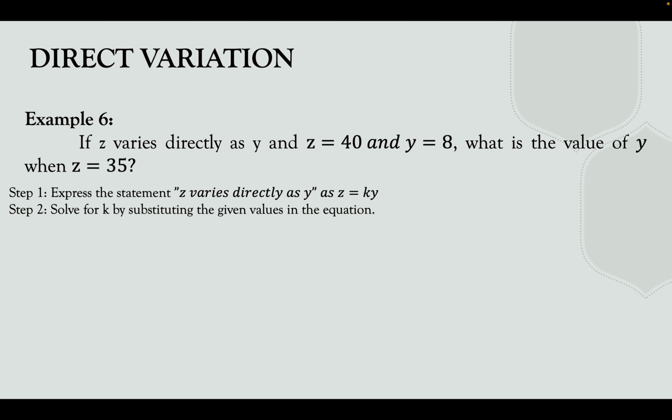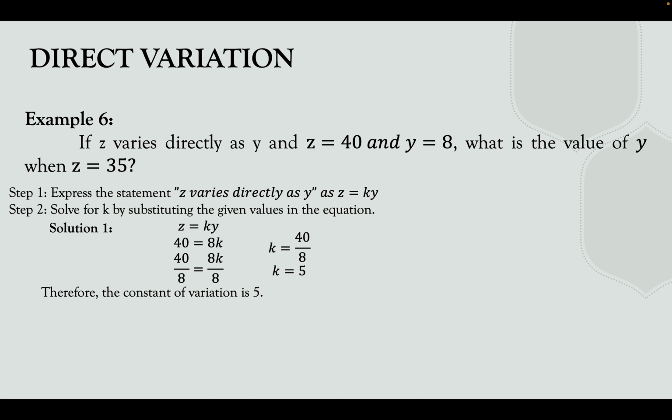Now we need to find the constant of variation by substituting z equals 40 and y equals 8. So we have 40 equals 8k. Divide both sides by 8, and you get k equals 40 divided by 8. Now we have the constant of variation as 5.